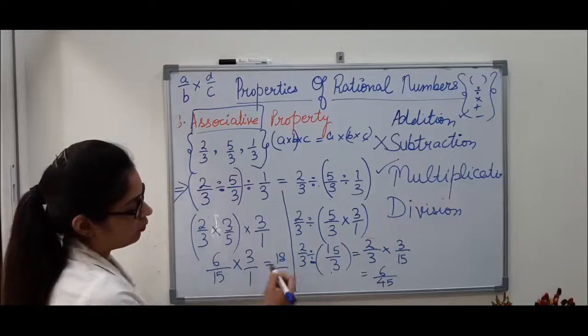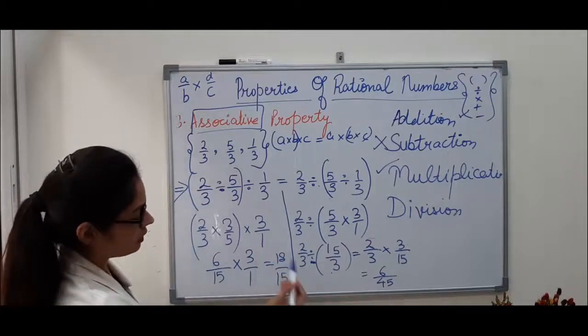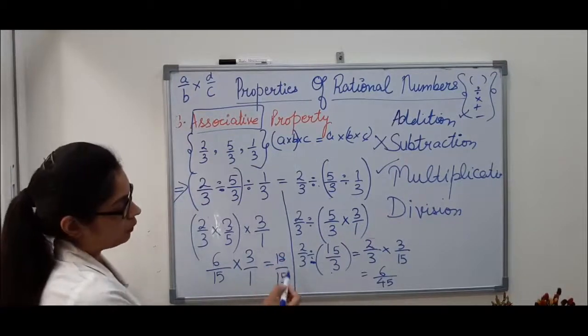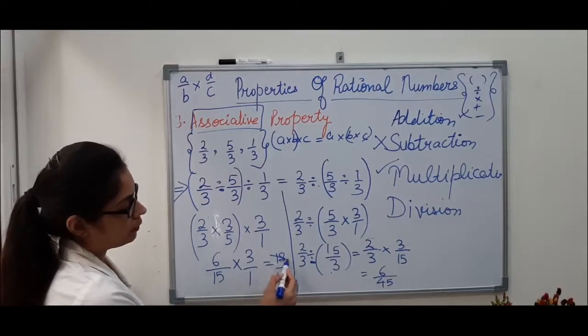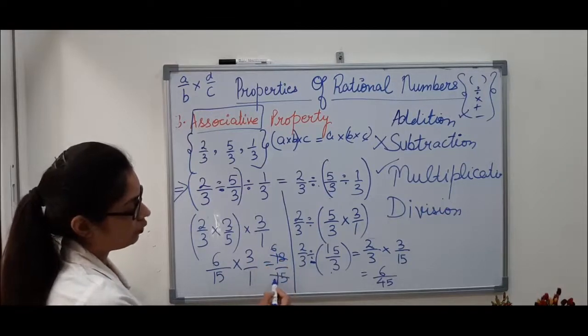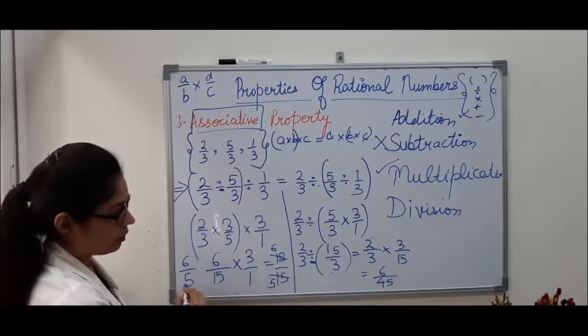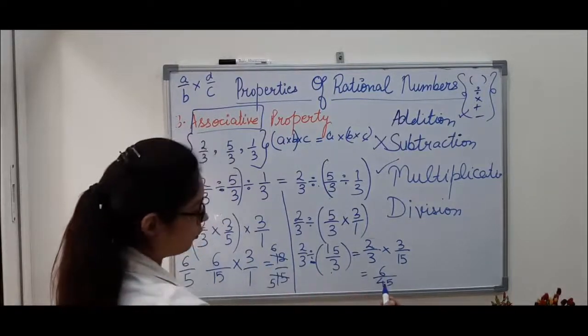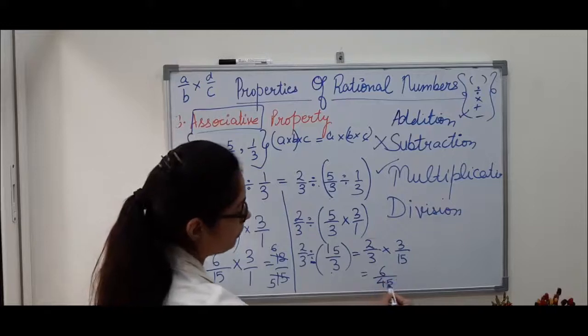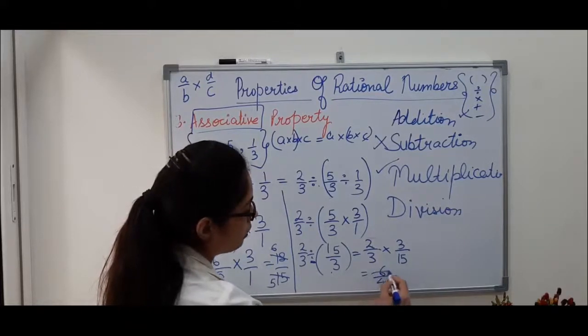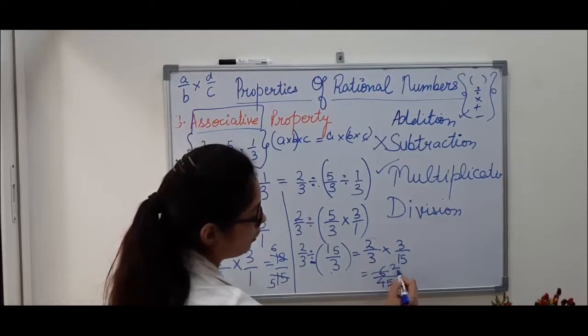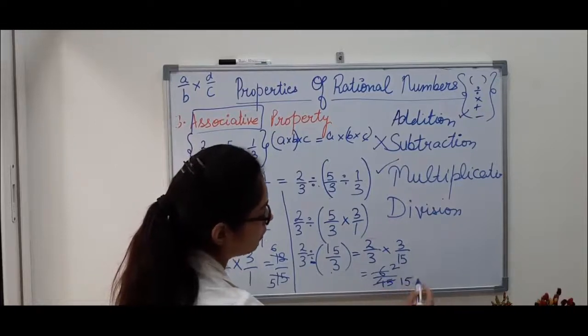See, if I do further simplifications also, because it's possible, both the numbers are going on 3's table. 3 into 6 is 18, 3 into 5 is 15. Here I am getting 6 by 5. But here, if I do further simplifications also, it will be 3 into 2 is 6, 3 into 15 is 45.